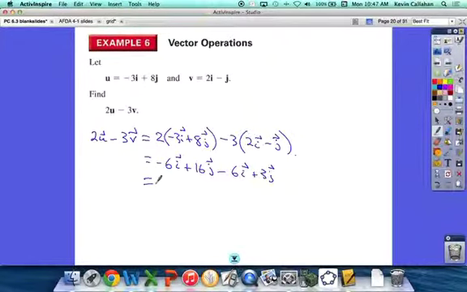So now it's like combining like terms, right? How many i's do you have? Negative 6 minus 6, negative 12, negative 12i, and 16j plus 3j is 19j.